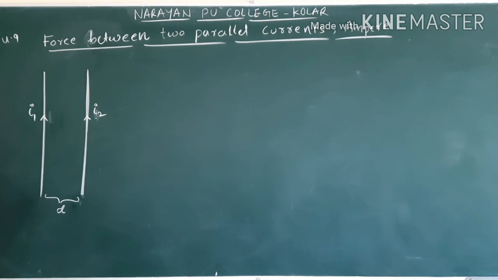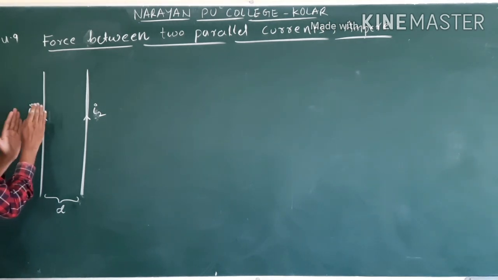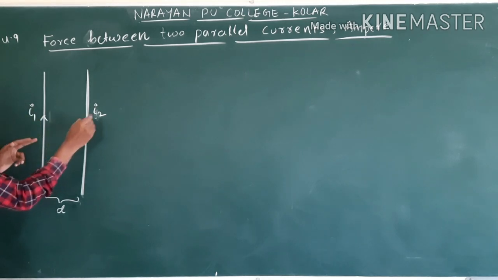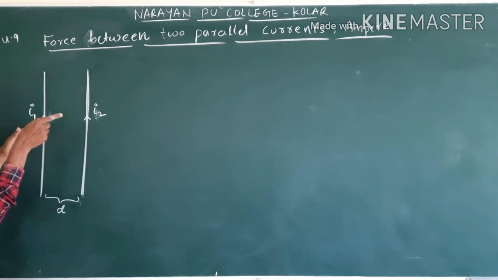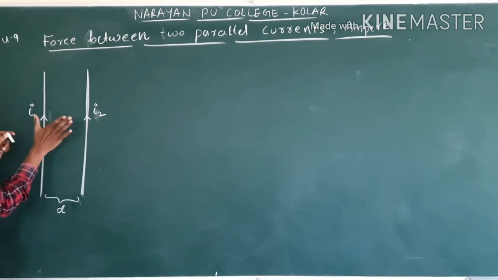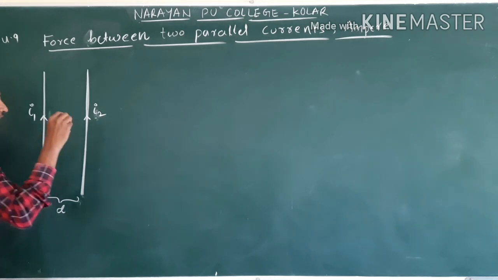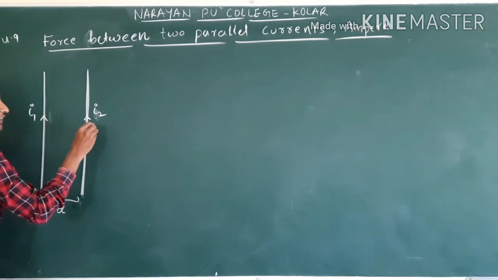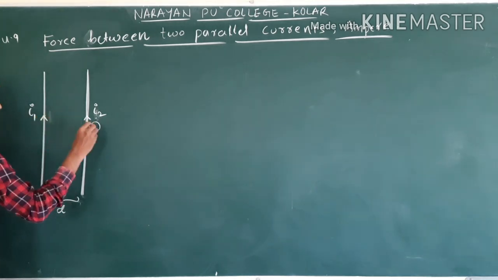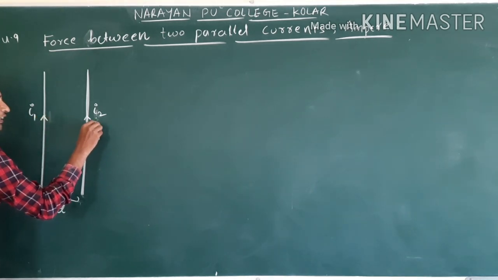Now, what is happening here? Suppose we consider this conductor only. This is carrying current, of course. This conductor develops a magnetic field. The field direction at the second conductor is perpendicular to the plane, going in, so we take it as a cross.